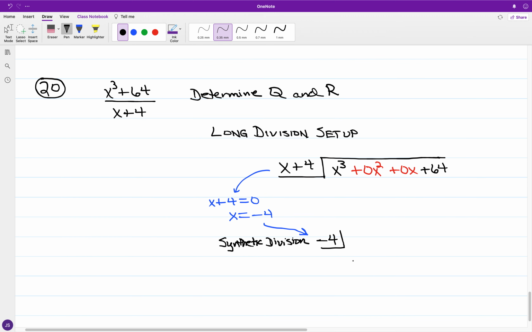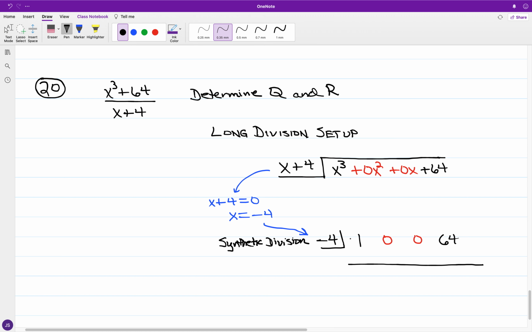And then on the other side of the barrier, we take the coefficients. With x cubed, read this as 1x cubed, so we have 1. Again, we have zeros for the missing x squared and first order x terms. And then closing out with the constant, which is 64.